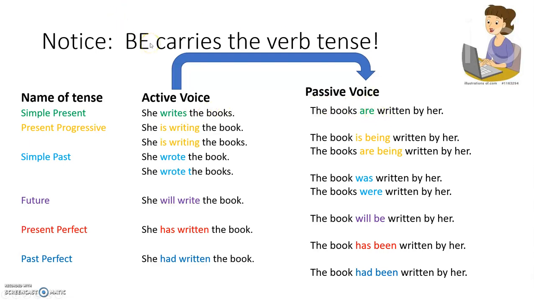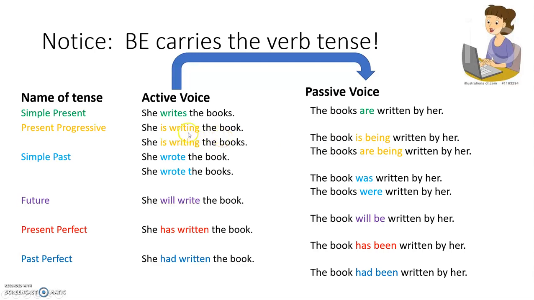So notice that be carries the verb tense. If you're writing a sentence in simple present, in active voice, you put simple present on the verb. In passive voice, you put simple present with the helping verb be. If you're using present progressive, here it is in active voice. In passive voice, it goes with the be verb, is being.